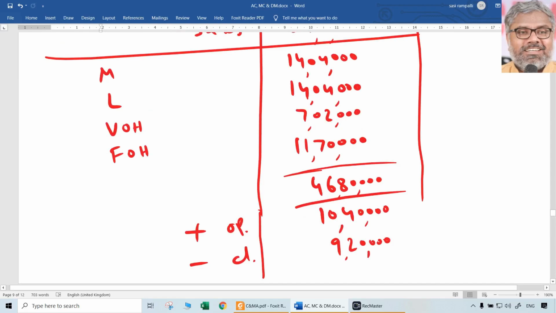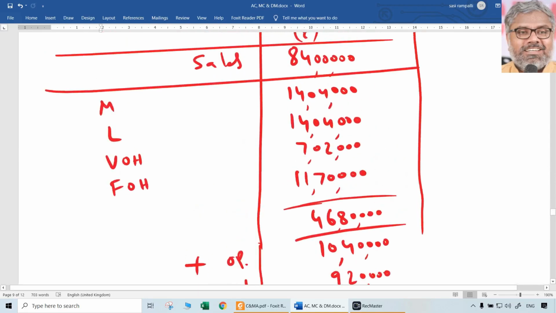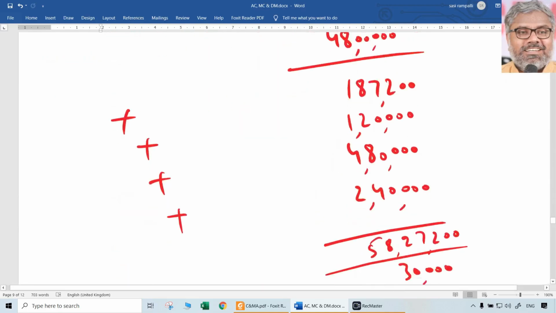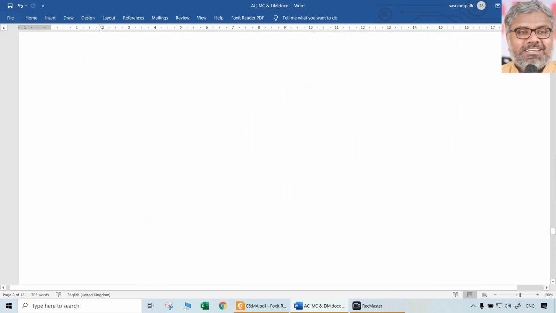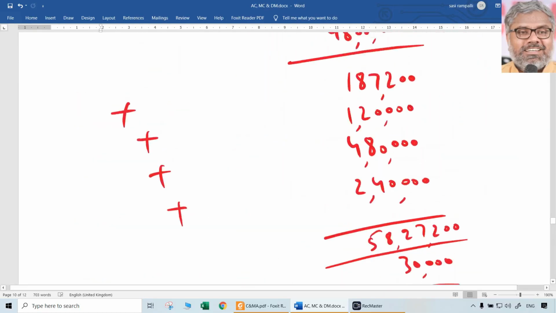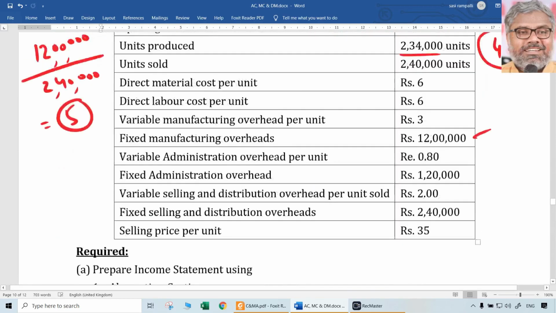So 14 lakh 4,000 plus 14 lakh 4,000 plus 7 lakh 2,000. So variable manufacturing cost will be how much? 35 lakhs 10,000. So under marginal costing, 35 lakhs 10,000 is the variable manufacturing cost, or cost of production, only variable.